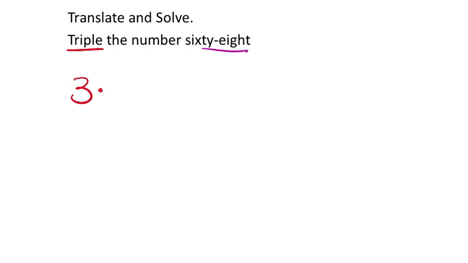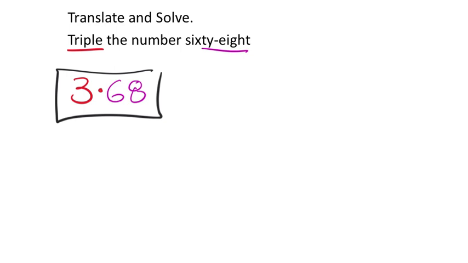Just triple 68. Now that's the translation, meaning on the assignment, that'll be a box that you put in there. If you're struggling to find the multiplication symbol, just use the asterisk button. I think it's Shift 6. I could be wrong. It's Shift 7. Thank you, Shift 7. Sorry, my typing isn't great, which you've seen.